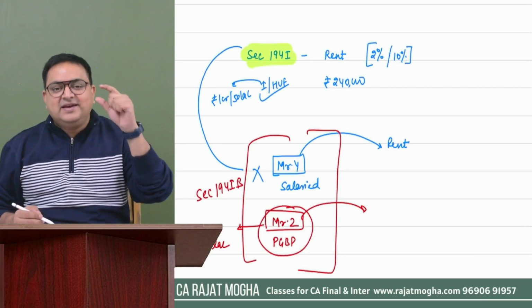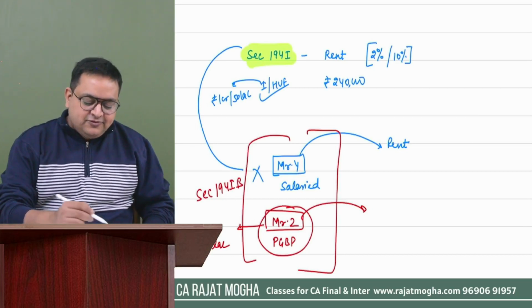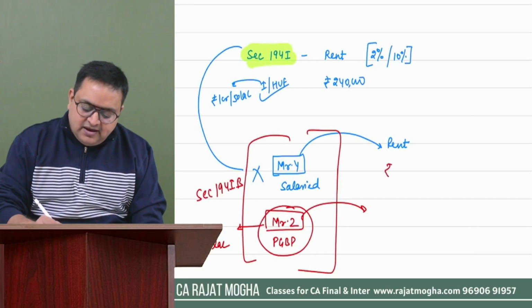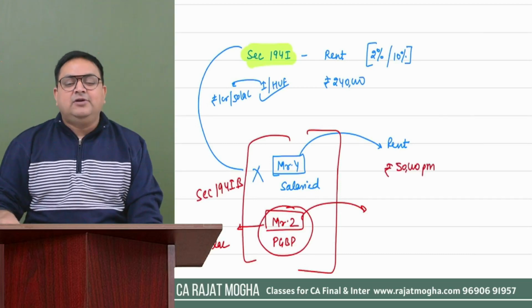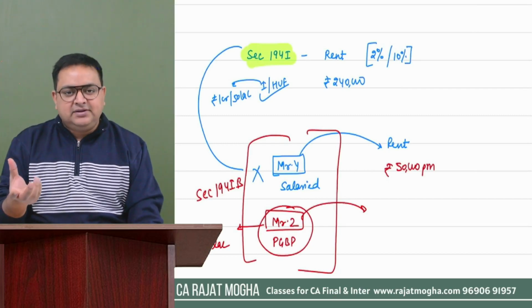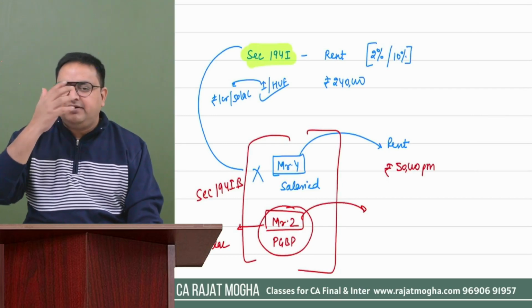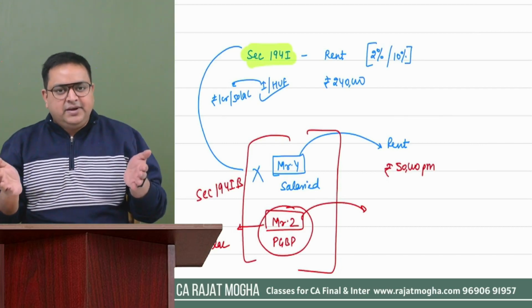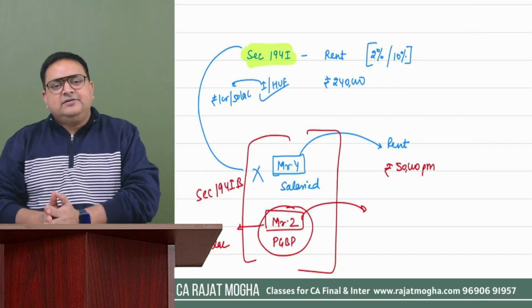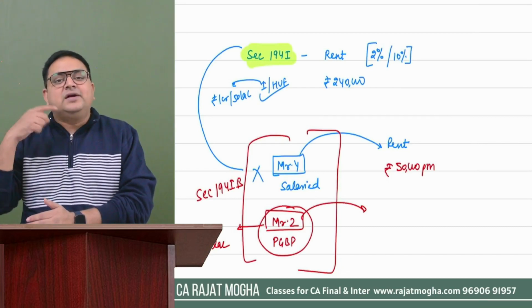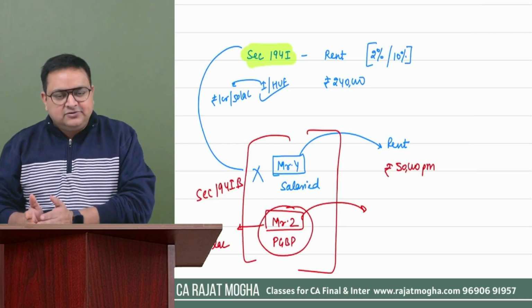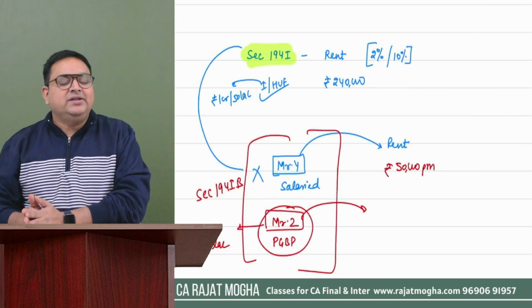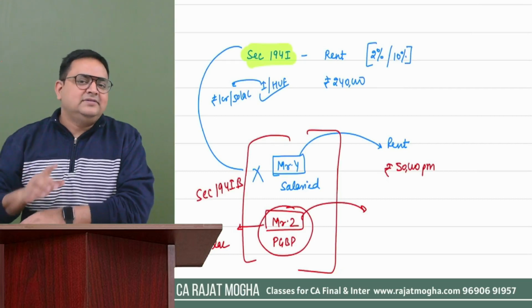How much? If the rent which you are paying is more than 50,000 rupees per month. Or even if you have taken a property on rent for part of the month, let's say 20 days, and the rent for that part is more than 50,000 rupees, only then will this section apply.